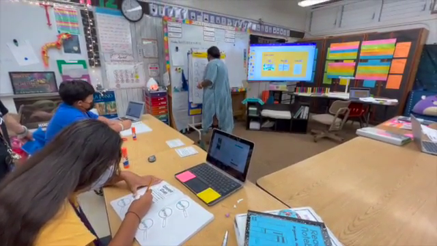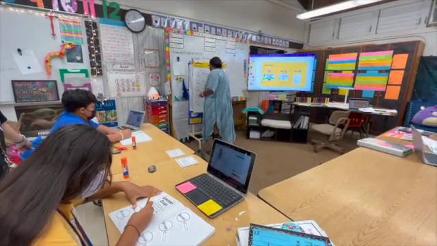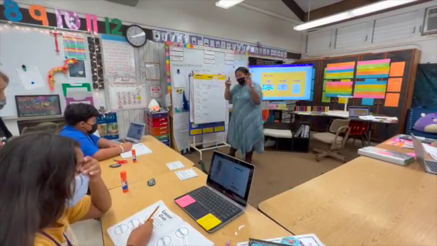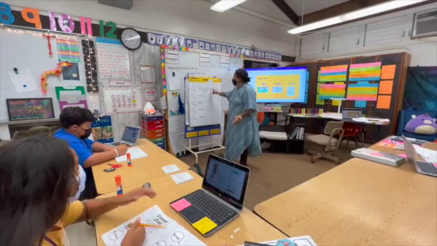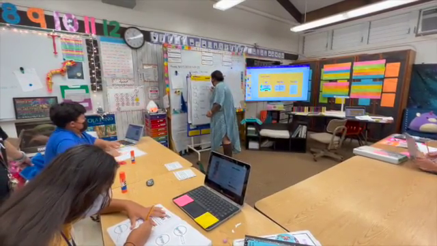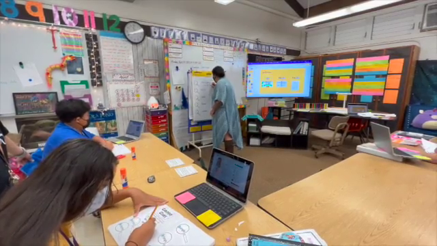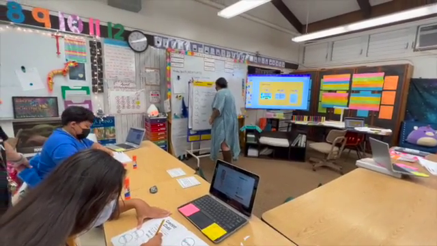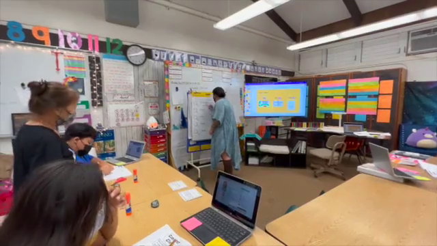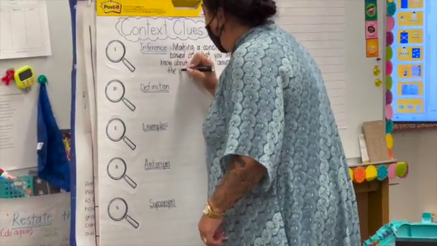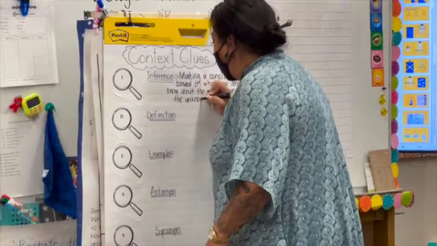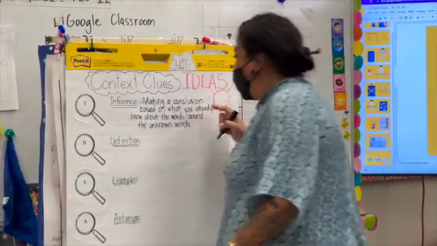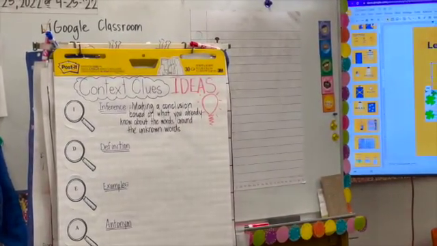Based on what you already know about, remember how you said we're reading around the word? So we're making a conclusion based on what you already know about the words around the unknown. Because all of this is trying to figure out words that are unknown, right? So when we infer, we're making a conclusion, okay?